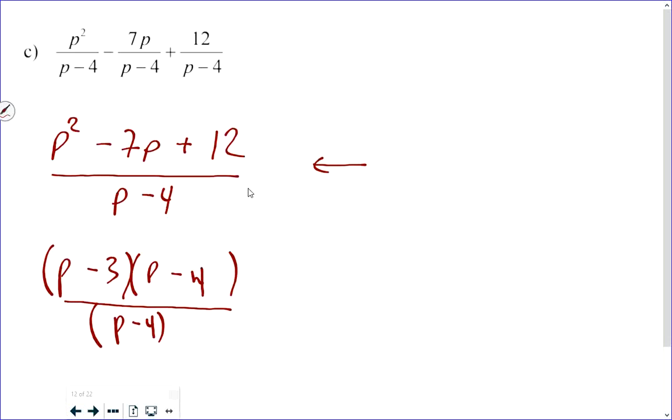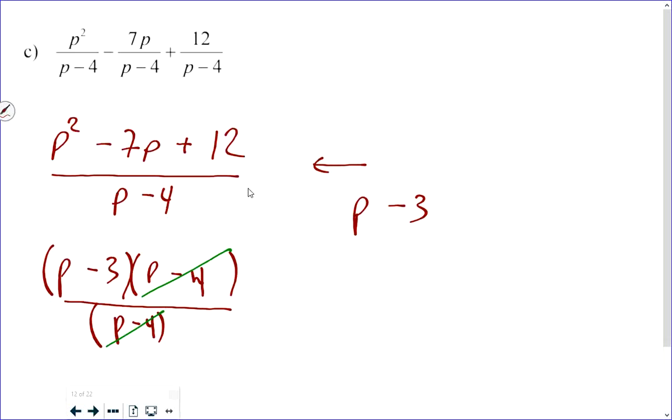That's pretty easy. Negative 4 and negative 3. So p minus 4 on the top, p minus 4 on the bottom. I'm left with p minus 3. And again, everybody, I know there are non-permissible values associated with this. P is not equal to 4, but I don't care about that for the purposes of what we're doing today. It's not that important.